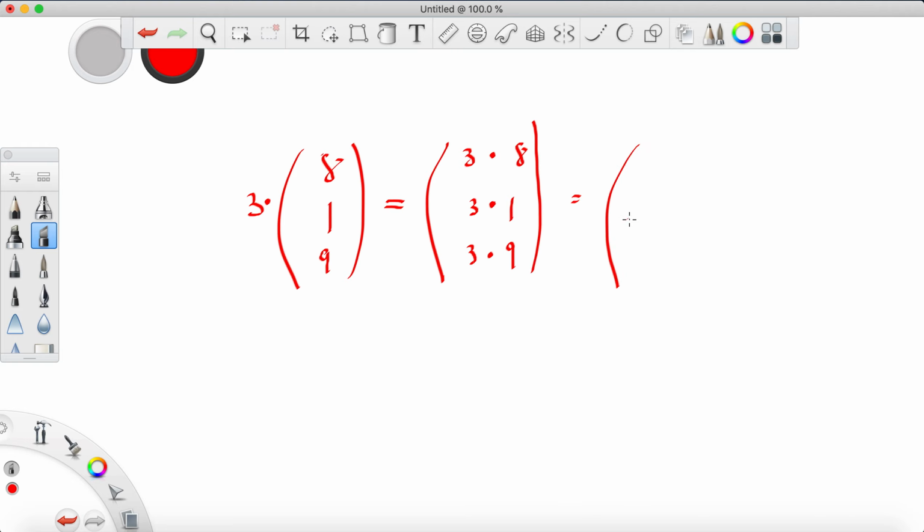So this is going to give us 24, 3, and 27. It's pretty simple. There are really no other rules for it. Just keep in mind that this is a number and this is a vector. And it does not matter how big your vector is. It just has to be a vector.